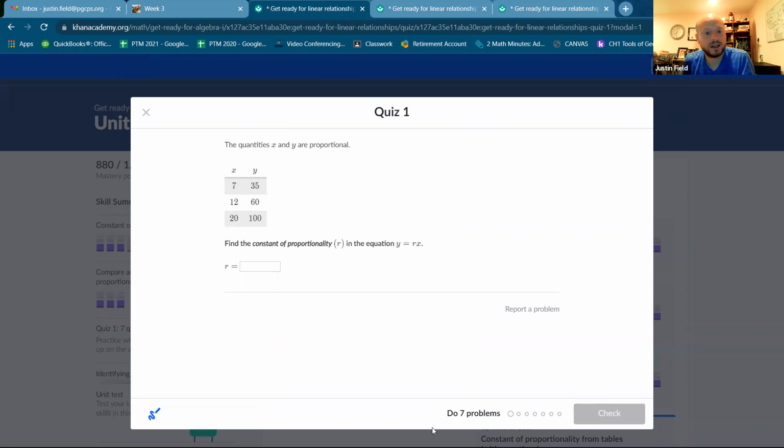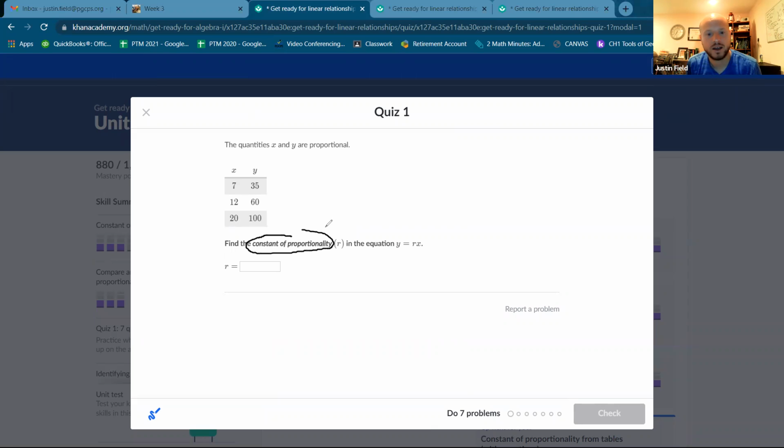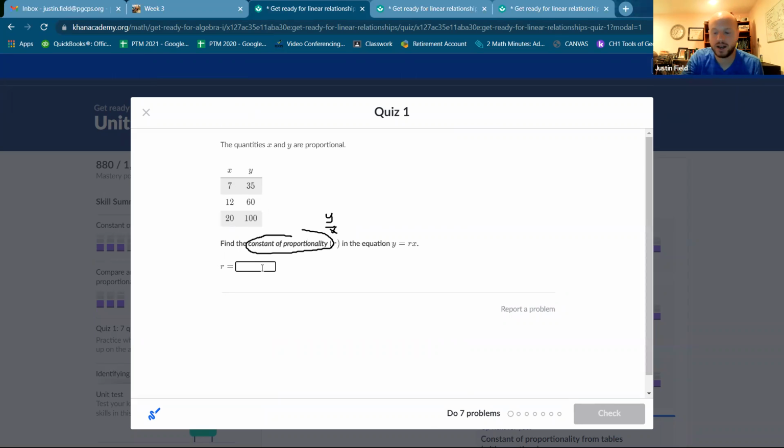Find the constant of proportionality. So in Math 7, you learn that the constant of proportionality is y over x. So we can take any y value and divide it by any x value. But I noticed that 35 divided by 7 is 5.